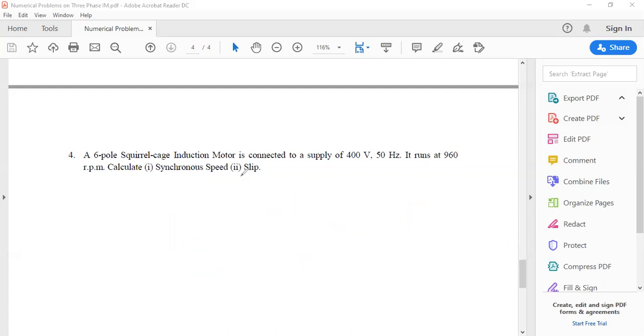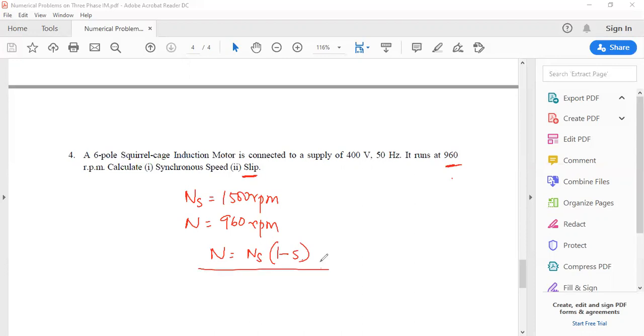Next, I have the slip. You know that the speed of the rotor n is 960 rpm, and ns is 1000 rpm. So n equals ns times (1 minus s). Next, n divided by ns equals 1 minus s. So 960 divided by 1000 equals 1 minus s.